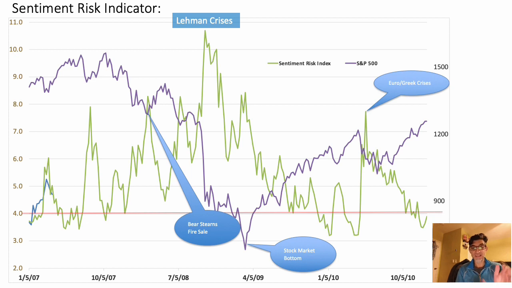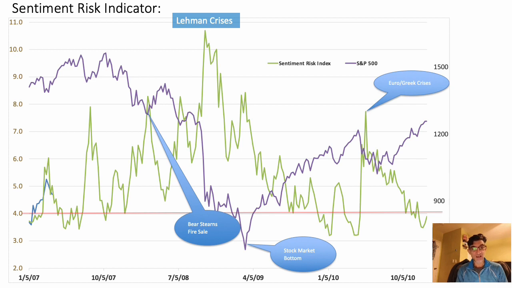A bear market is not a V. We only saw that in October 87, which is not here, and we saw that during the COVID-19 crisis. But normally, you don't get that in bear markets. Bear markets tend to be longer, at least a year, and they go up and down, right? And that's what you're seeing with the indicator. The indicator is showing short-term bottoms in the market and short-term tops.